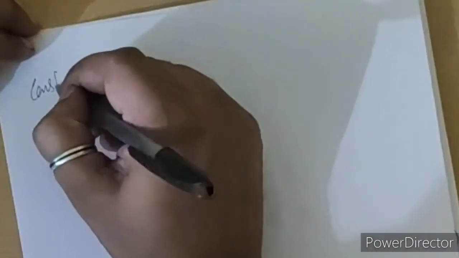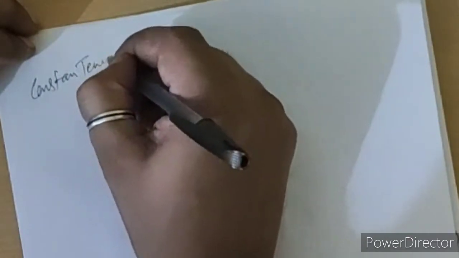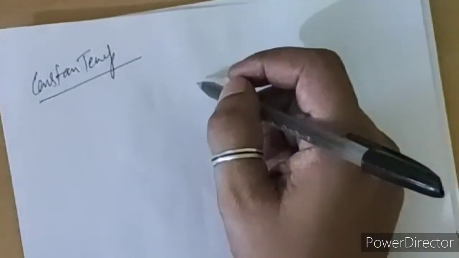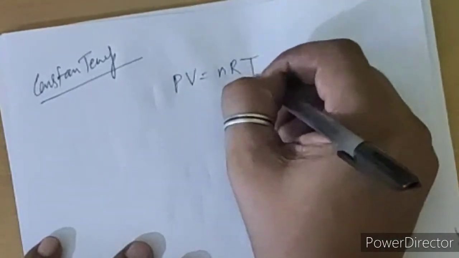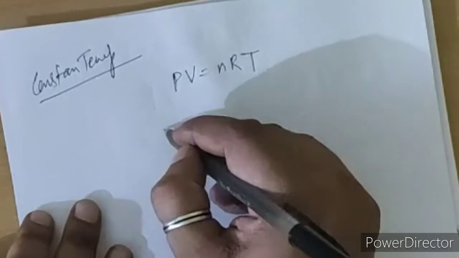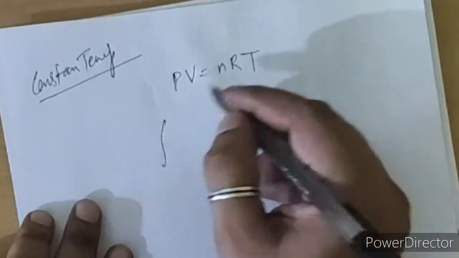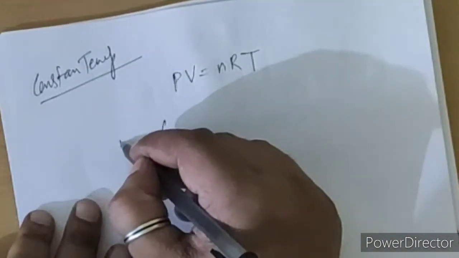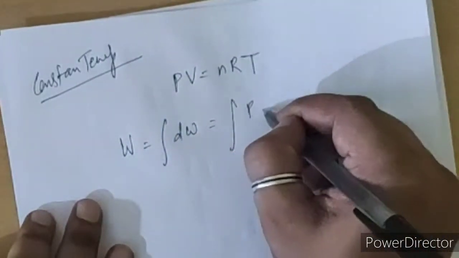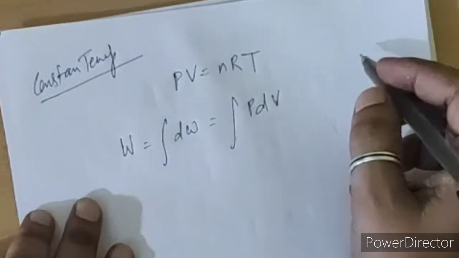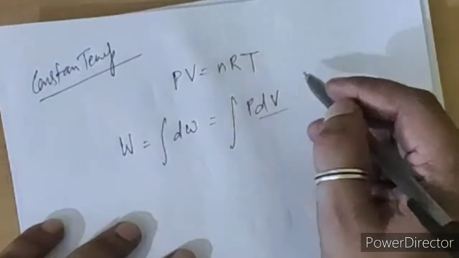Now let's discuss constant temperature. What is the work done? So PV is equal to nRT again, and work done is given by dW, so we can say P dV, change in the volume, small volume.